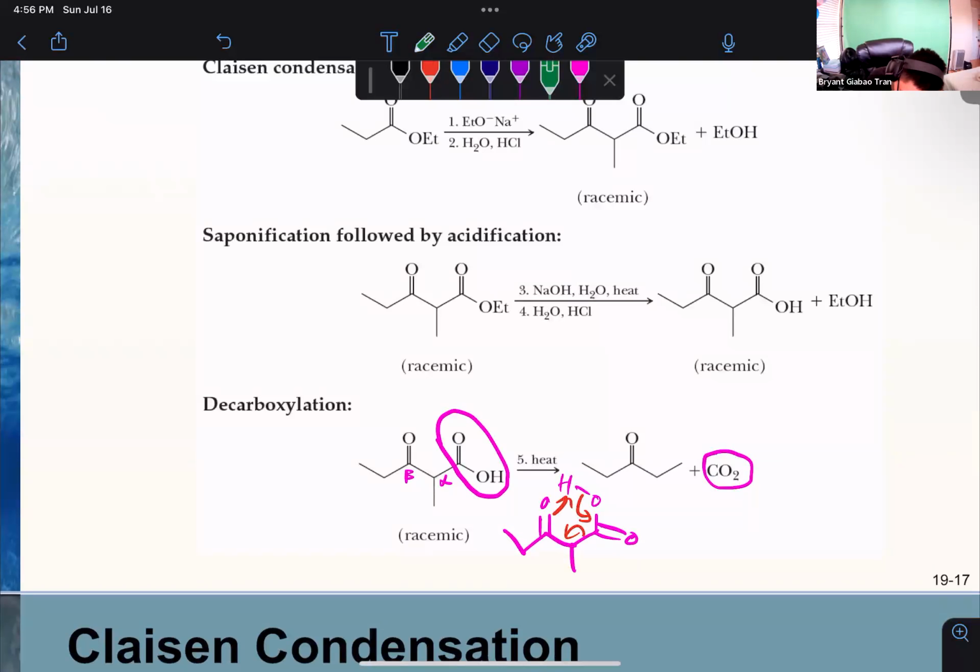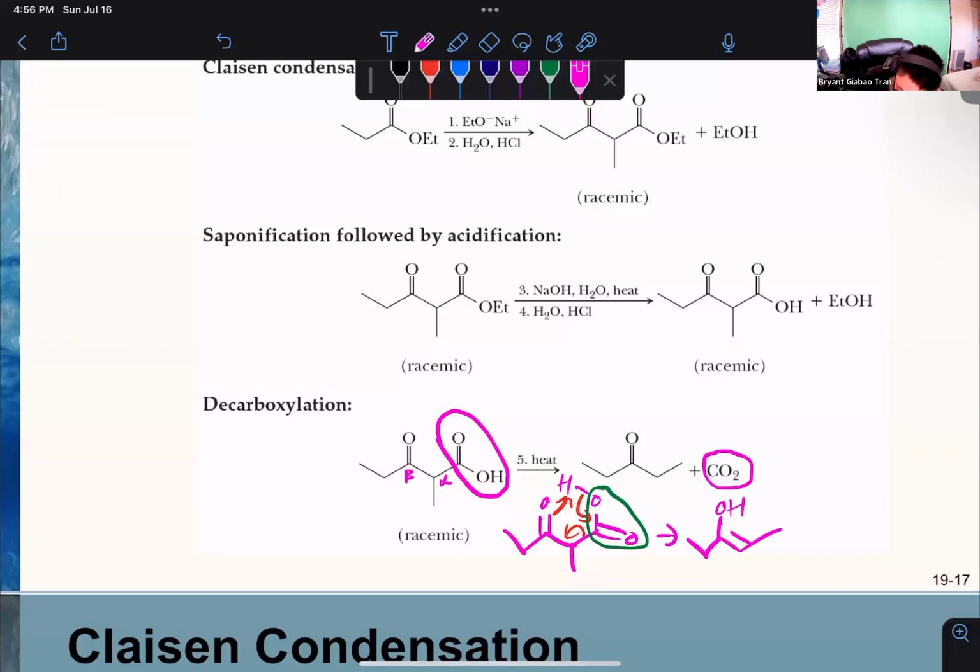So this is going to be our CO2 that leaves. Then this step happens because oxygen is really attracted to hydrogen because of the hydrogen bond. So oxygen attacks the hydrogen. This hydrogen and oxygen bond breaks and makes a double bond between this carbon and oxygen. And then this bond right here breaks and makes a double bond over here, which would give us OH like that.